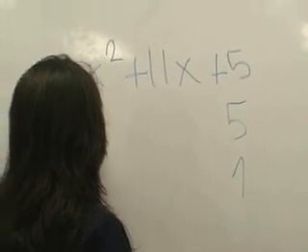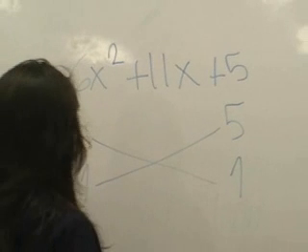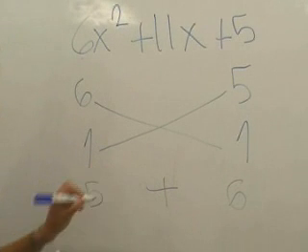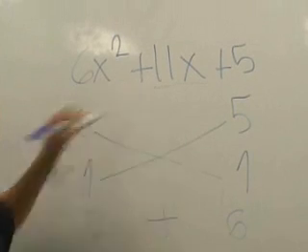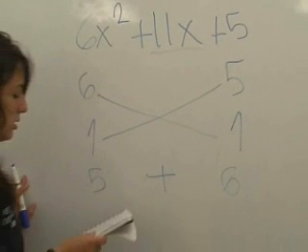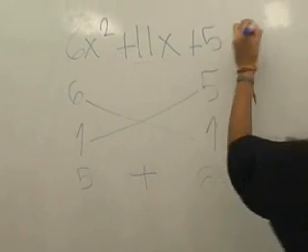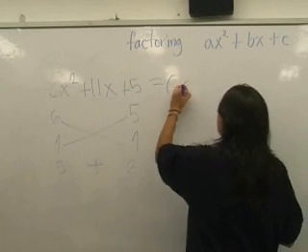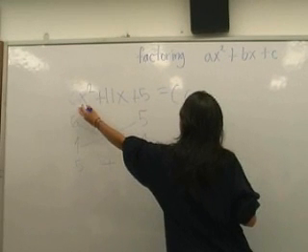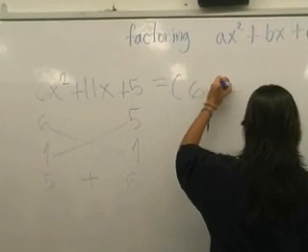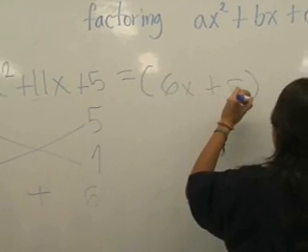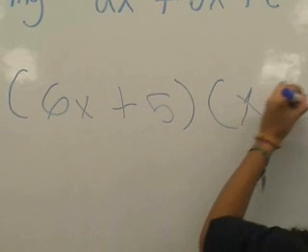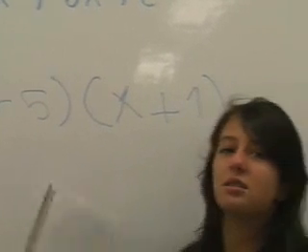And then you multiply them crosswise, and then the answer you sum, and the answer should be the one in the middle. So if the answer is the one in the middle, you take these numbers into two parentheses. So 6, and you take this variable x plus 5, and another parenthesis, x plus 1, and this is your answer.